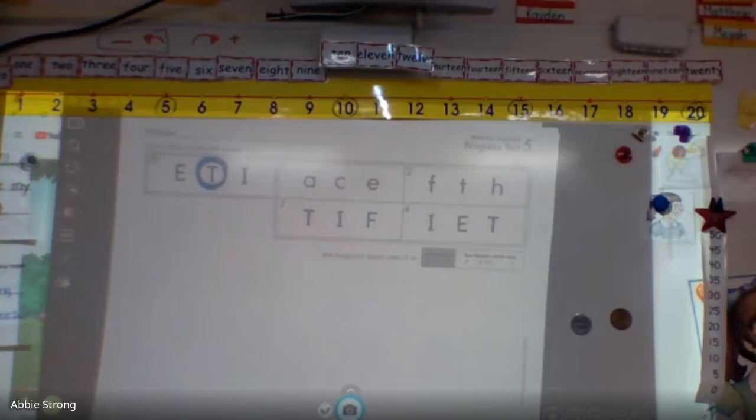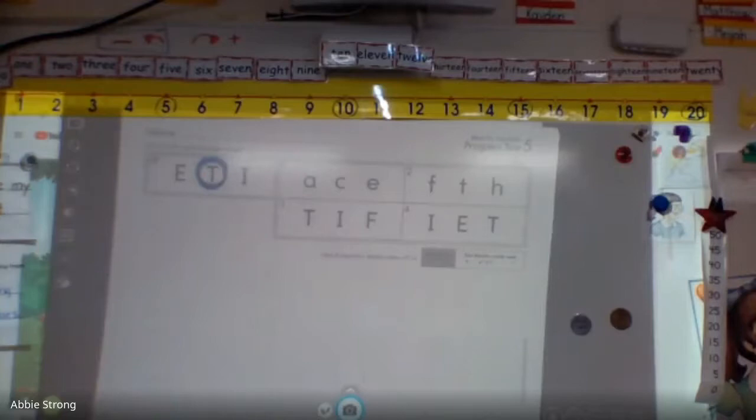We did lowercase f for number 2. All right, let's look at number 3. Okay. We're in box number 3, and I want you to circle this letter now.